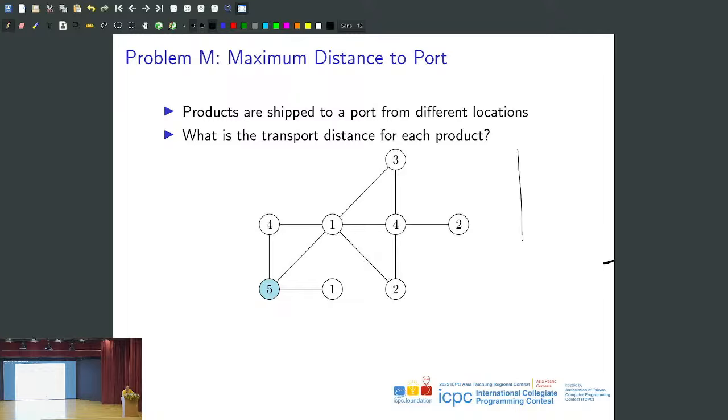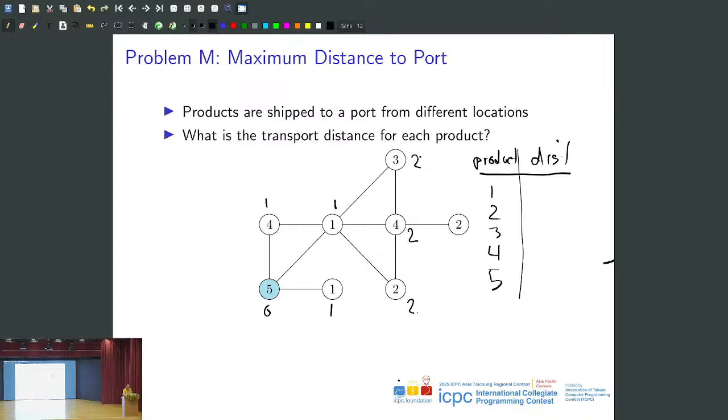So we need some table. We have the product, we have the distance, and the products are 1, 2, 3, 4, 5. I think the right solution here is to do a breadth first search from the port, and then you have the distances. This would be 0, 1, 1, 1, I think.